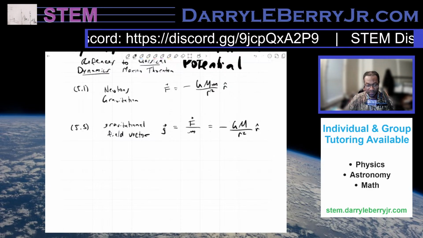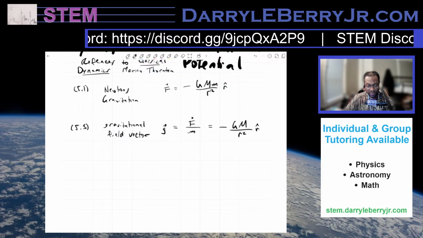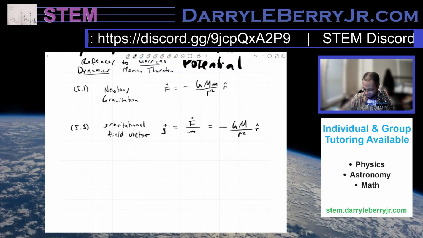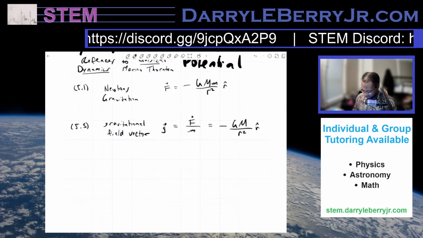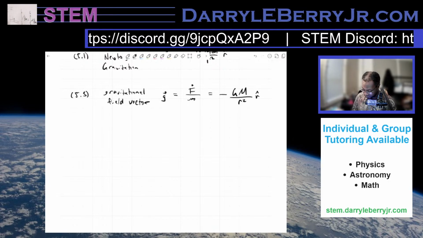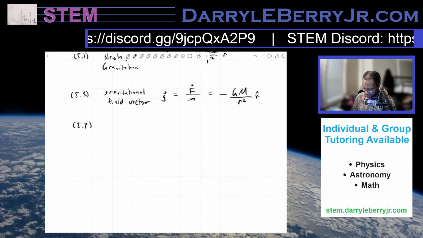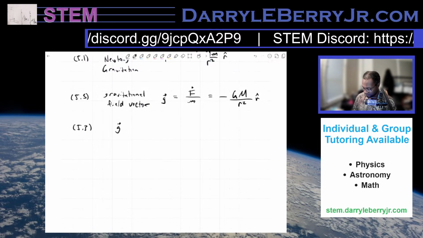To get the gravitational potential, we have equation 5.5, which says that the gravitational field vector is similar to the electric field.